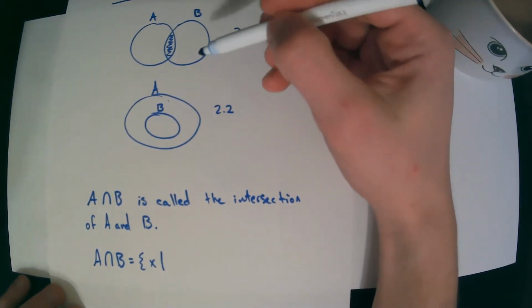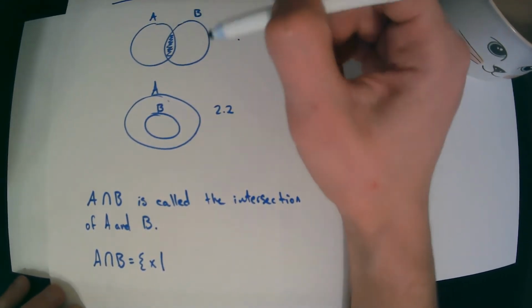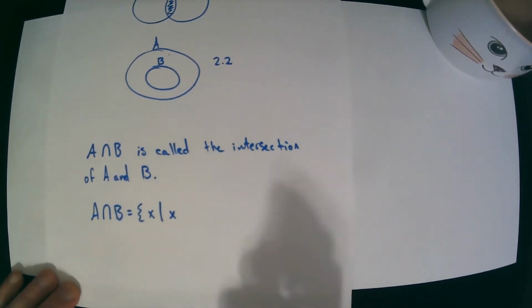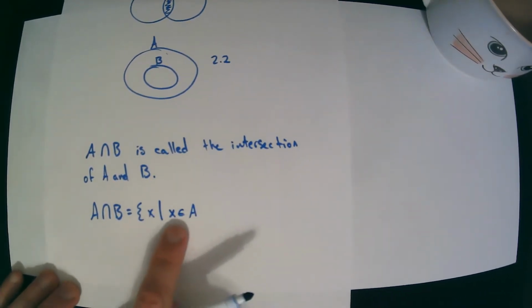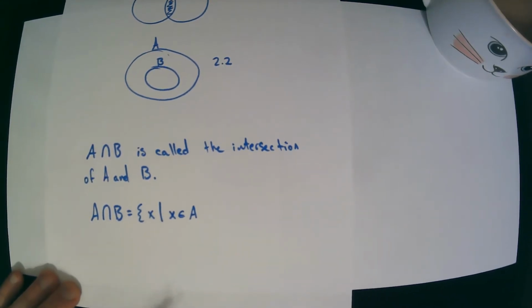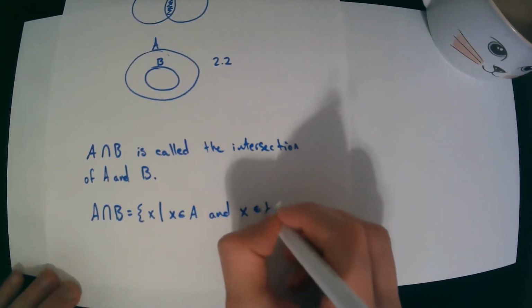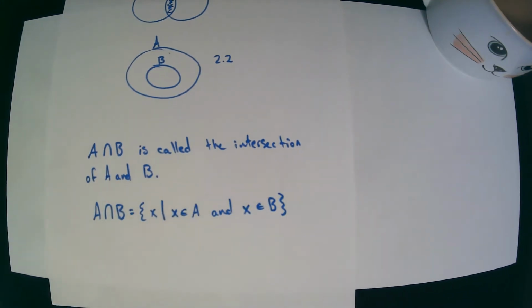I would say it's things that are in A and things that are in B, things that are in both A and B. So we're going to use our symbols from 2.1. X is in A, so remember that little symbol, it's almost like a backwards 3, sort of. X is in A, and X is in B. That is the set builder notation for this intersection.